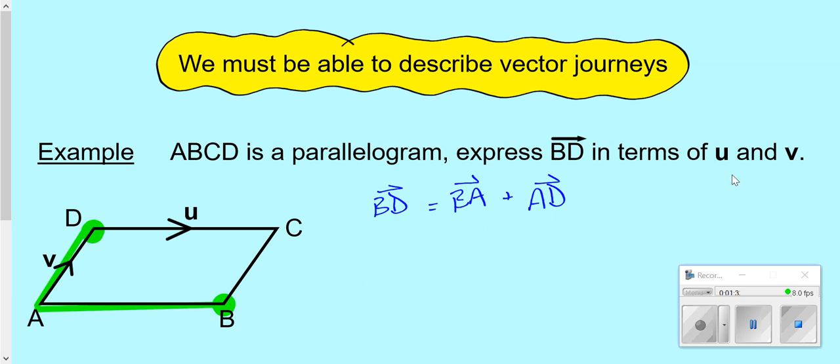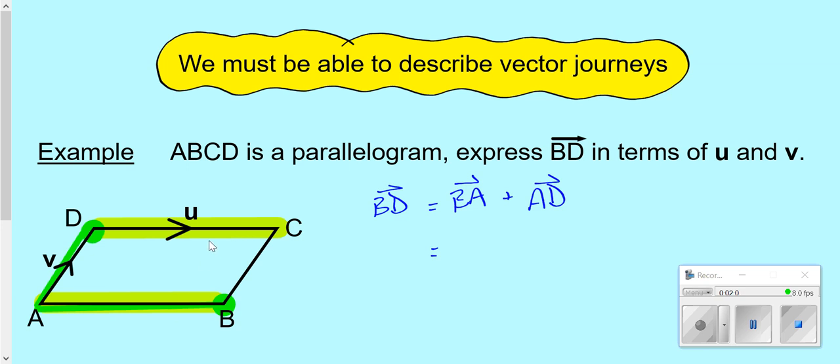Now, I need to write it in terms of U and V. B to A doesn't have a vector there, U or V, but right back at the start, we said that BA and CD, or DC and AB, whichever way you want to call it, these lines are parallel and the same length. Remember, vectors only have a length and a direction.